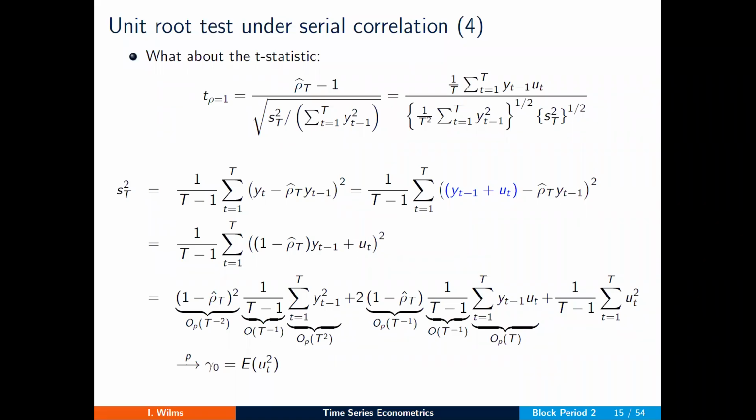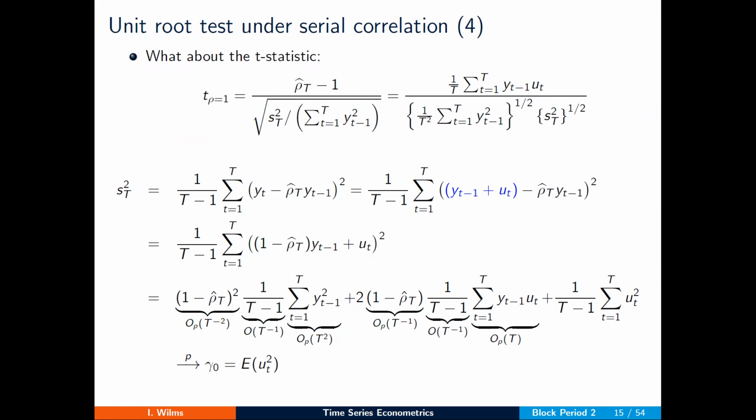Let us now study the t-statistic more closely and just start from its definition. Estimator minus quantity under the null divided by the standard error. Notice that we can plug in the expression for rho hat minus 1 we derived in the previous video.